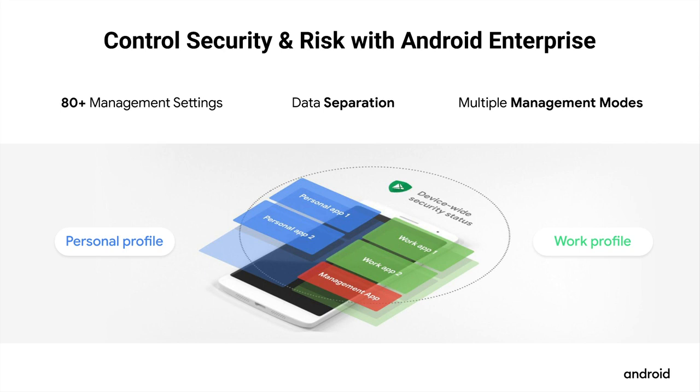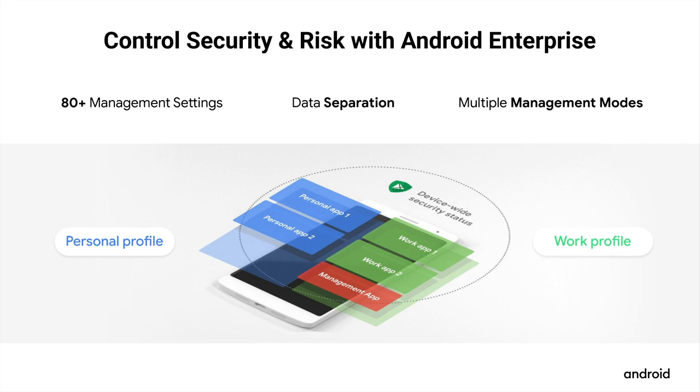And then finally, all those capabilities that we've talked about prior are controlled through security and risk with Android Enterprise. We have many management capabilities. We provide data separation between work and personal. There's multiple management modes, whether you're deploying a device in a BYOD environment or you're fully managing a device with just a work environment.